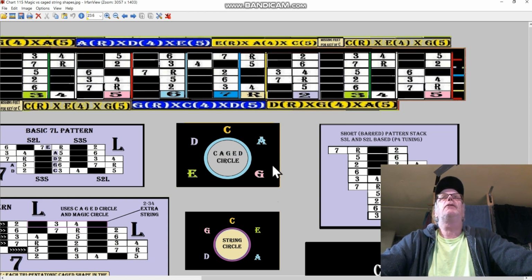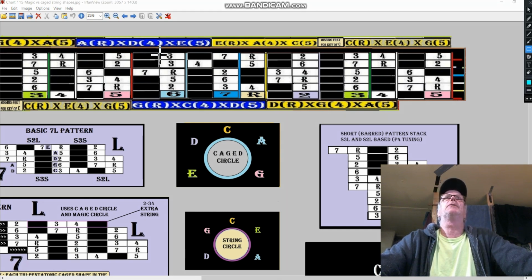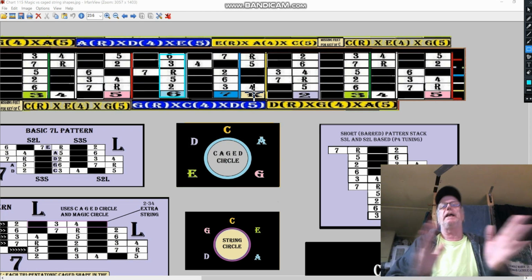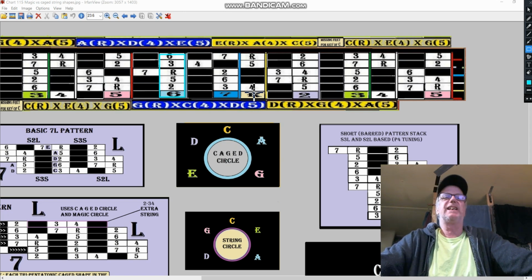We're kind of breaking right into the 3 charts. We should really move along, but so we developed a string circle. The string circle is from this particular circle fret right here, which is called the magic fret. The magic fret is the 6th minor of the root of the song, whatever you want to call it, the root of the layout, right? The key, the main key.